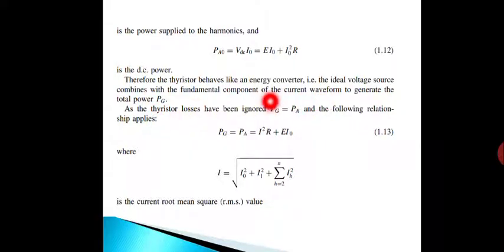So as the thyristor losses have been ignored, Pg is equal to Pa, the load power. Generated power is equal to the load power. So if the losses are ignored, whatever we generate is being consumed.